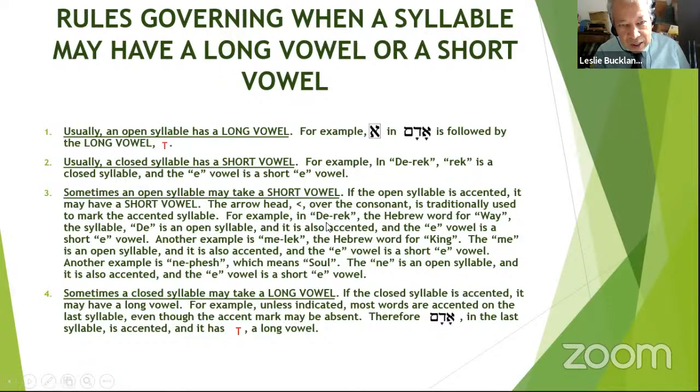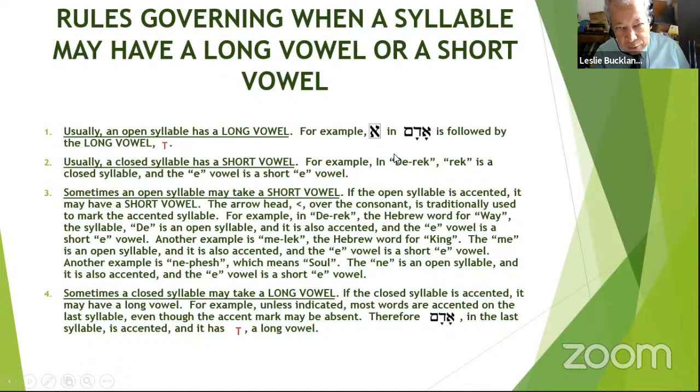For example, in that same word that I used over here in number 2, derek, the Hebrew word for way, the syllable de, daleth followed by segol, consonant followed by a vowel, CV, is an open syllable, and it is also accented.